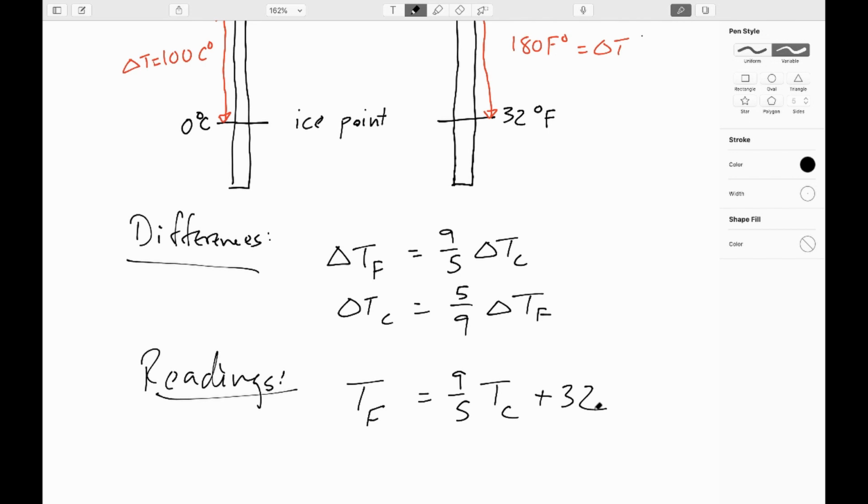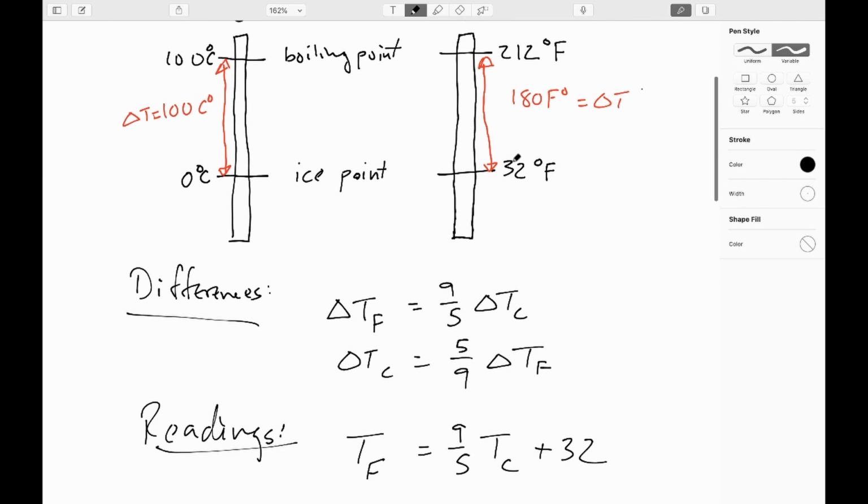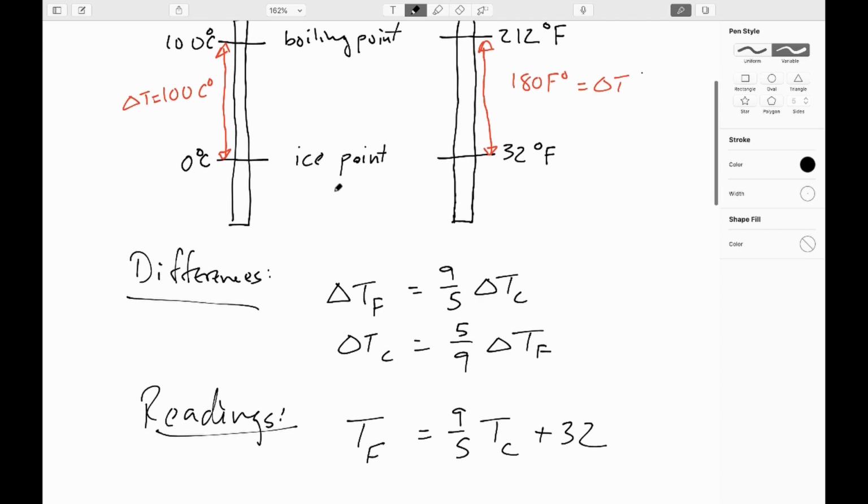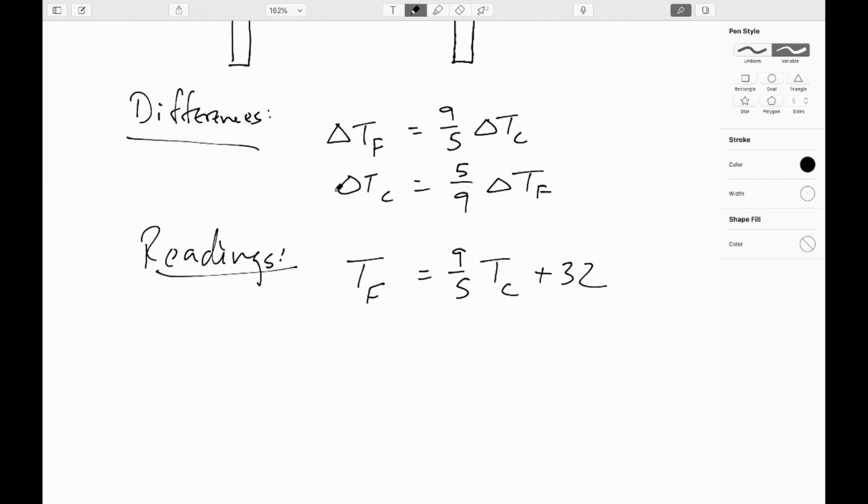Now, if you do the process in the other direction, you would take whatever your Fahrenheit temperature is and subtract 32 to get the temperature difference off of the ice point. You would multiply that by 5/9 to correct for the size of the degree, and then you would add 0 because the temperature of the ice point in the Celsius system is 0.